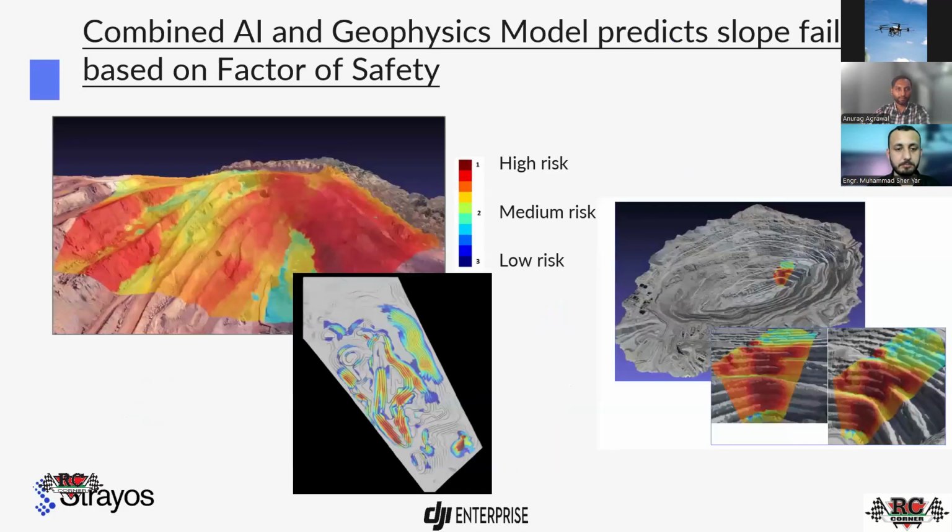We have a combined AI and geophysics model to predict slope stability and analyze your factor of safety. You just need to give a few details of your rock properties like density, cohesion, and internal friction angle. Based on the combined AI and physics model and the limited equilibrium method, it analyzes where there is a high factor of safety and where there is none, and accordingly you can reevaluate your burden, angle and sensitive points.